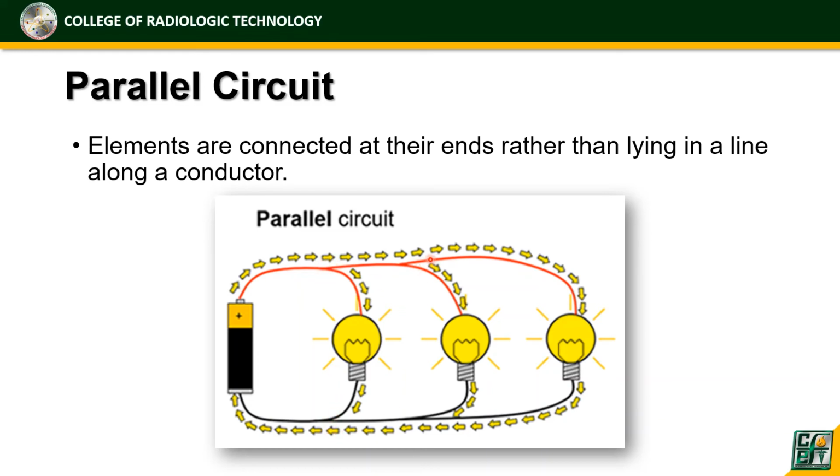Okay? So meaning, kahit maputol ang isa dito, iilaw pa rin yung ibang bulbs. So siya ay parallel. Kaya siya parallel kasi yung let's say dito sa image na to, yung tatlong circuit element ay nakahilera na halos para silang magkakatabi. Parallel. Okay?